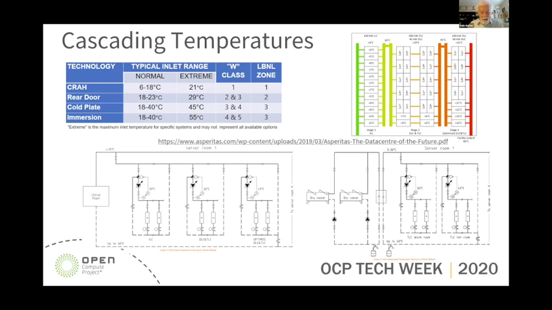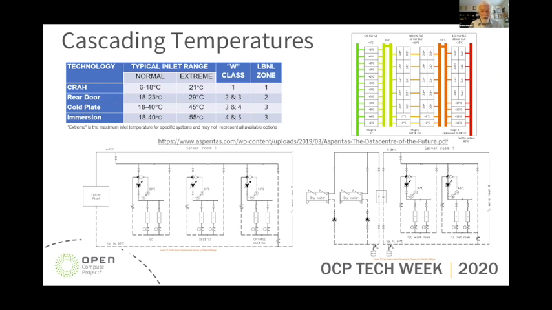Now, these temperatures are typical. Individual systems and components vary with both the normal inlet temperature as well as the extreme. Some designs push the boundaries, but in any event, the point we're trying to make here is that it's going to take cooler temperatures to use a CRAH unit and warmer temperatures with cold plates and immersion. And the second point is that we can cascade.